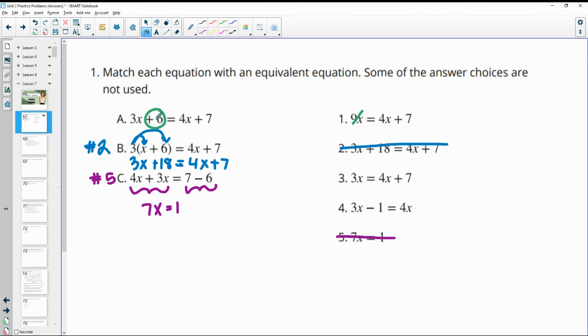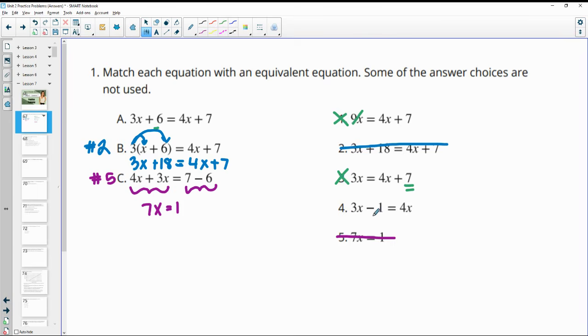They can get rid of this 6, but they have to subtract 6 from both sides, which they did not do because they still have this 7 here. So that one's not going to be good. And so that leaves the number 4.